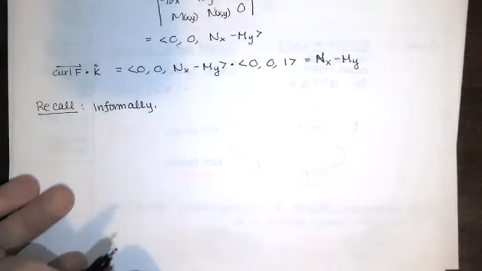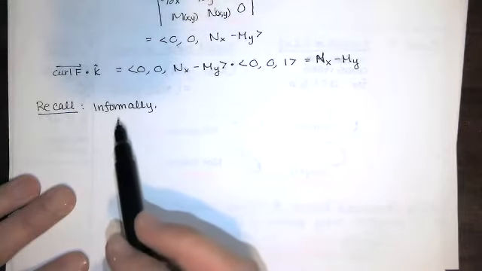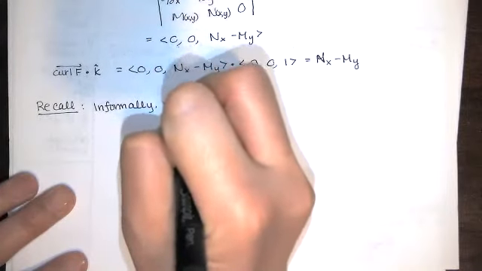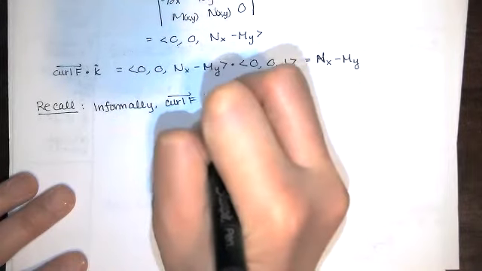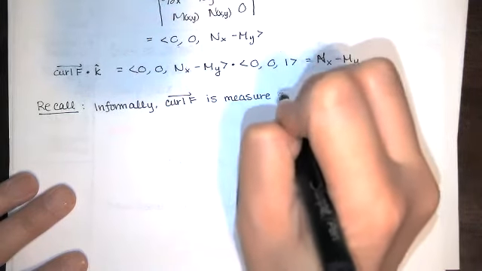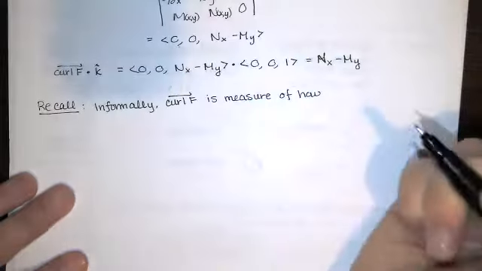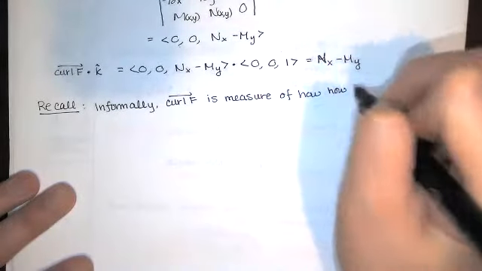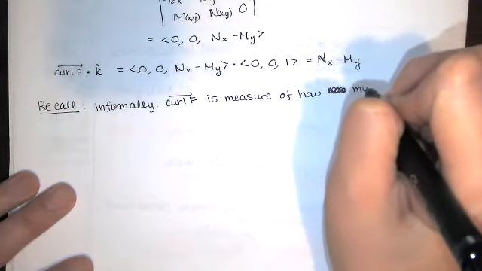Maybe I shouldn't. Maybe I should check my accuracy on that. Informally, we said that the curl of F is a measure of how much the field swirls about a point.